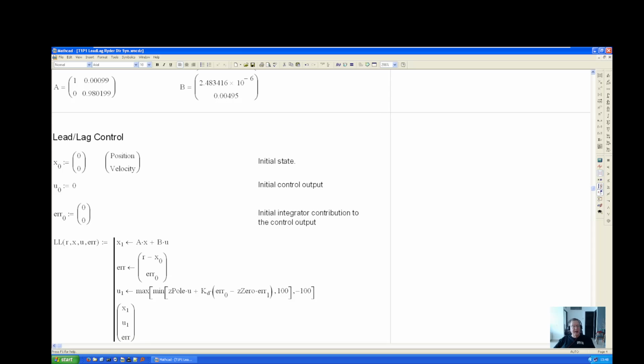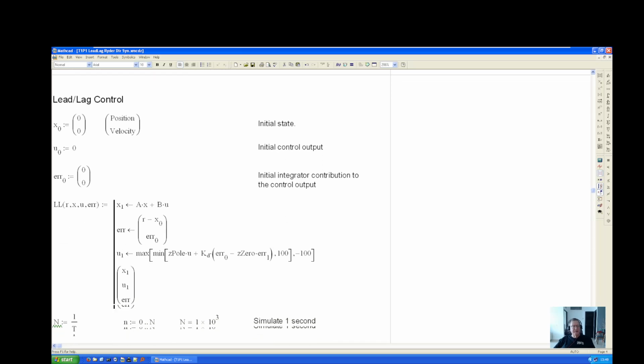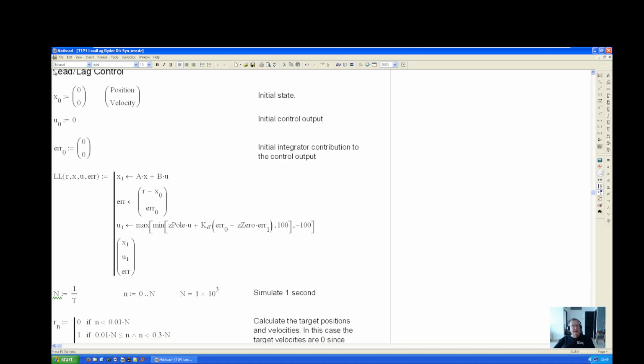So now we're going to see how it actually responds. I'm going to start out at 0 velocity and 0 position, the control output is 0, and my initial error is 0, and I have the target position or reference, the state, the control output, and the current error state, and I need that for doing the iterations.